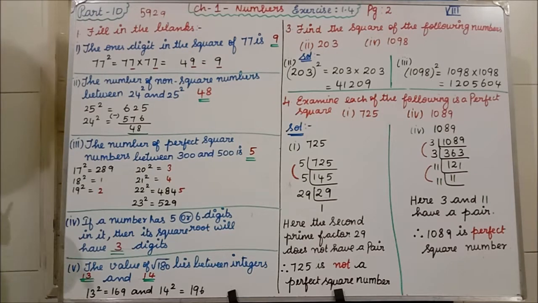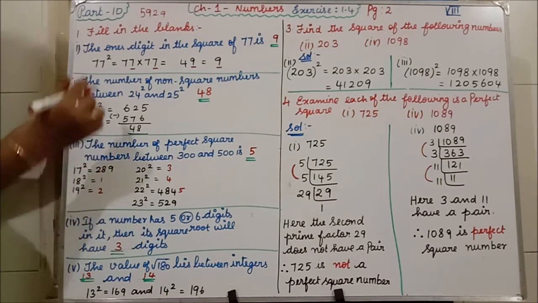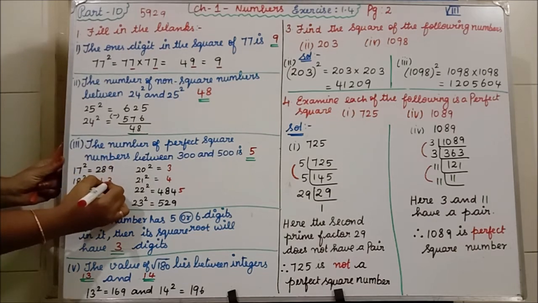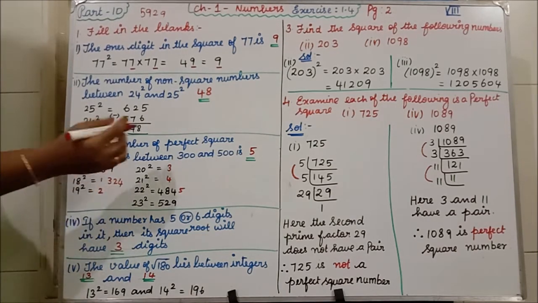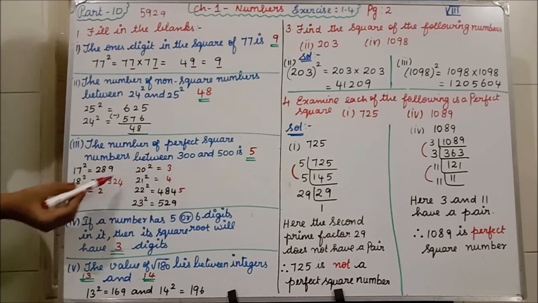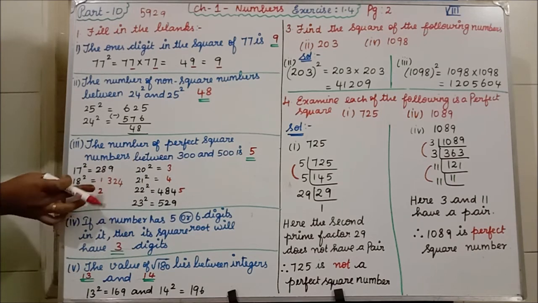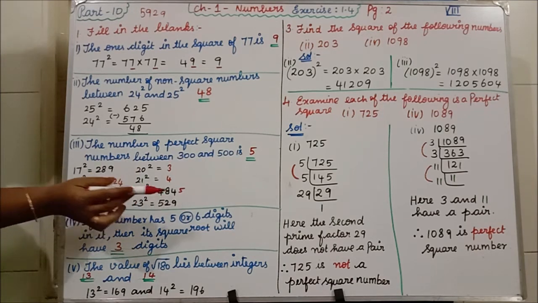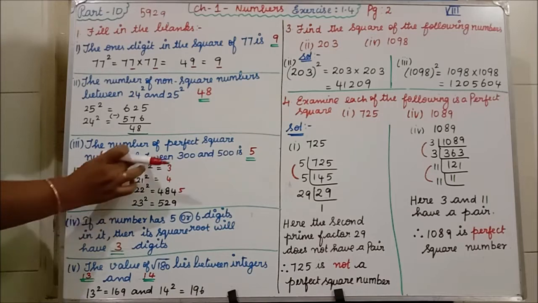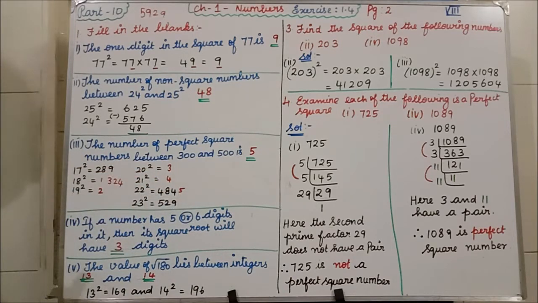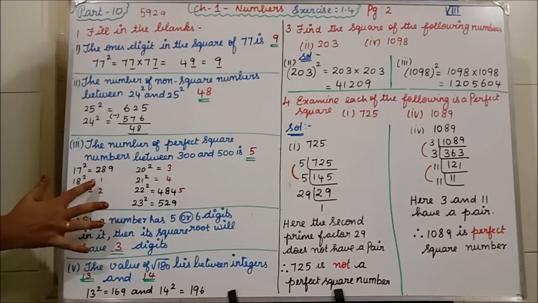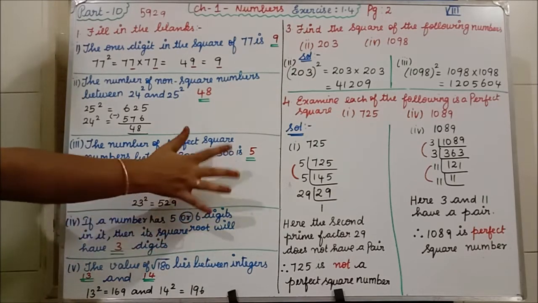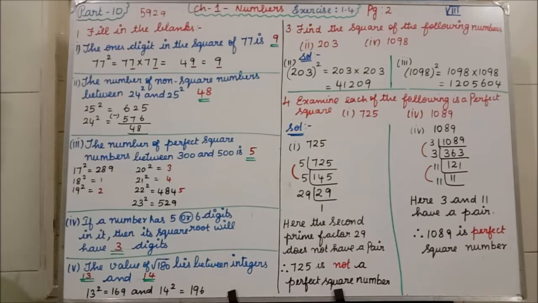Because 18 square, you will get 324. So we have to start from 300 only, and 324 comes correctly. In between 324 to 484, how many perfect square numbers are we having? 1, 2, 3, 4, 5. So the answer is 5.